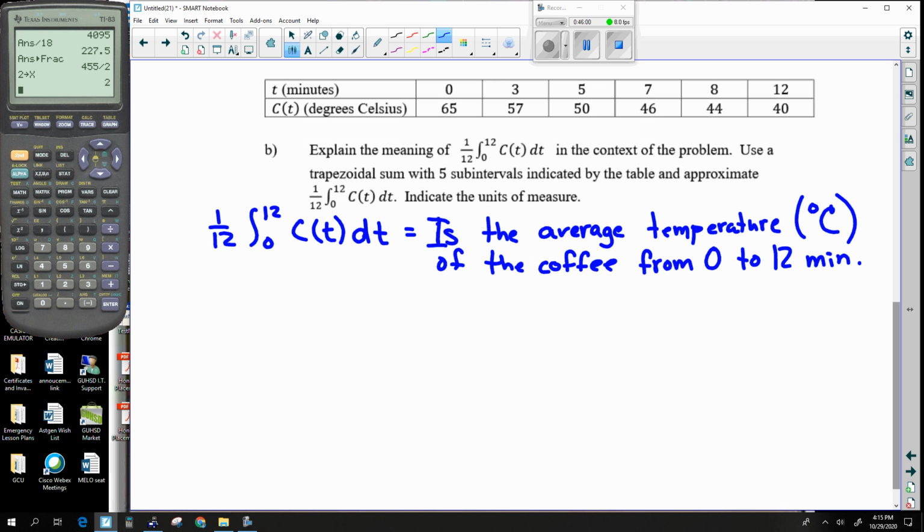Okay, so they want me to do that. And so again, what these trapezoidal sums do are just the integral. It does not take the 1/12 into consideration. So if I need to take an integral, that is the same thing as taking one of these left sums or right sums or midpoint sums and things like that. Okay, these bases of 5 intervals.